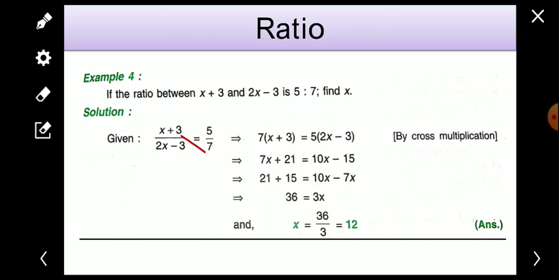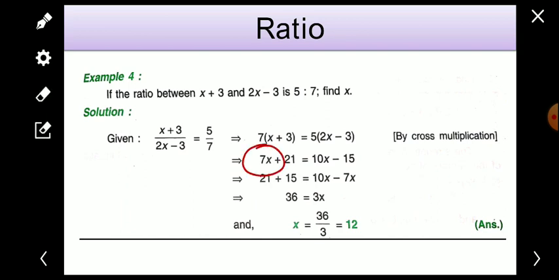After that we will do the cross multiplication. We know how to do it; in the previous class we have learned. So we multiply: 7 times x plus 3 is equal to 5 times 2x minus 3. After that we will solve: 7x plus 21, and 5 times 2x is 10x, and minus 5 times 3 is minus 15. We'll shift like terms to the same side. It has x, so these are the variable terms. We'll make them on the same side.